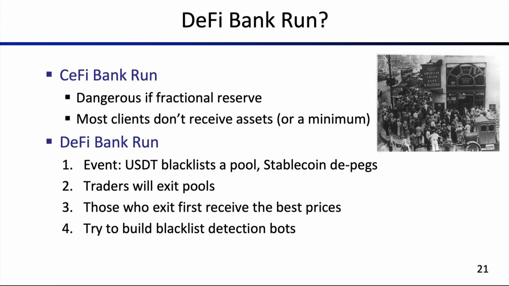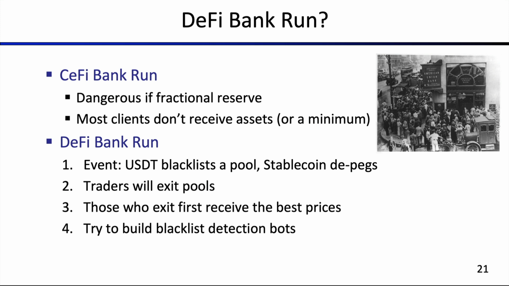So such blacklist and zeroing out functionalities are obviously a major concern in DeFi stability and the non-custodial properties of blockchain in general. Therefore, I would like to compare on a high level how a DeFi bank run could look like when compared to a CeFi bank run, in a very simplified setting.